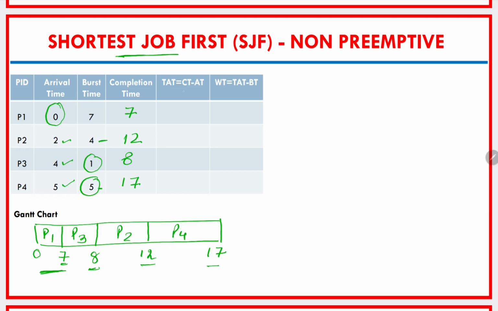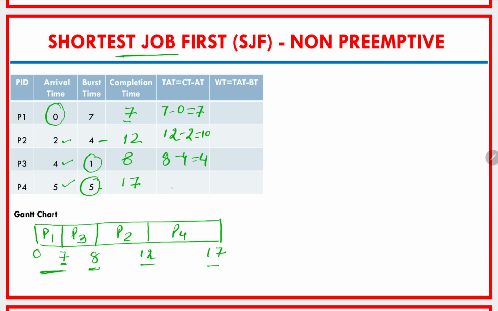So turnaround time is completion time minus arrival time. Completion time for process P1 is 7 and arrival time is 0. So this is 7 minus 0. Fine. For P2 it is 12 minus 2, that is 10. Then process P3, whose completion time is 8, and arrival time was 4, so it comes out to be 4.